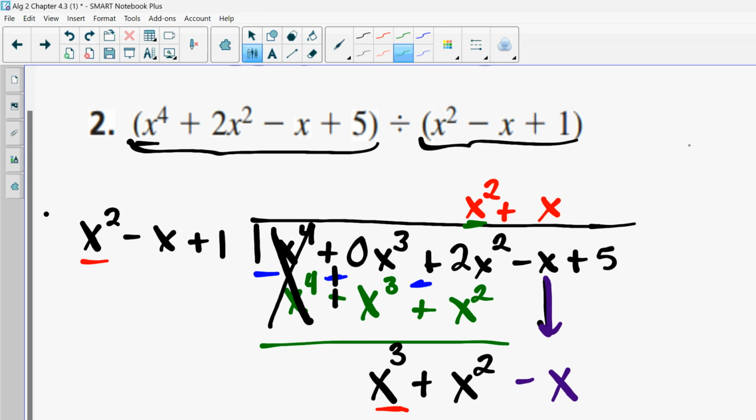And x times 1 is plus x. Any questions on any of this here, or anything that's not making sense? Anything we've done so far that you're not quite clear on?